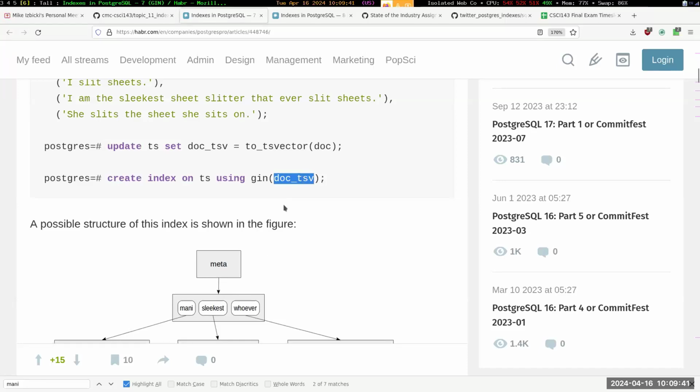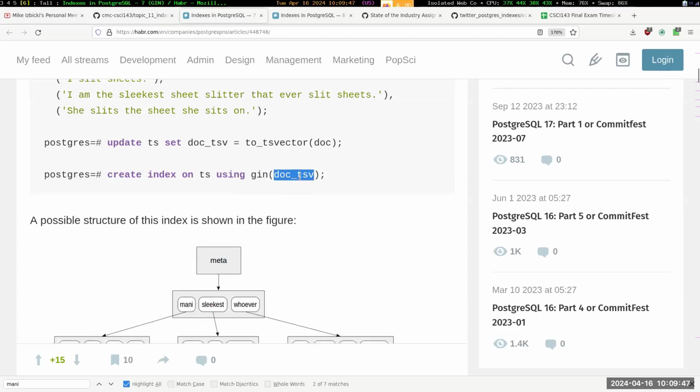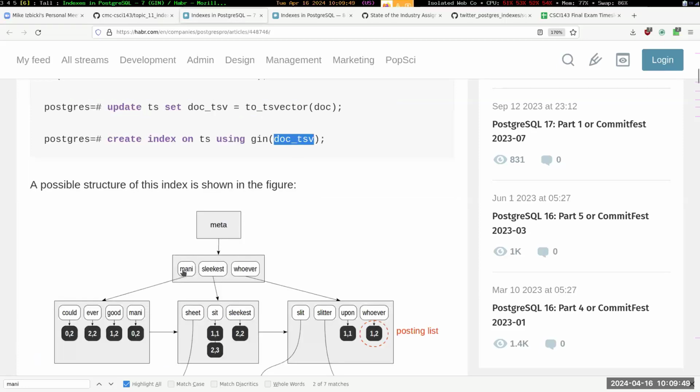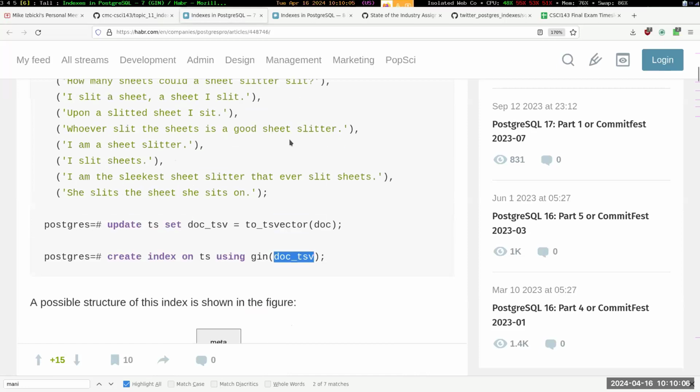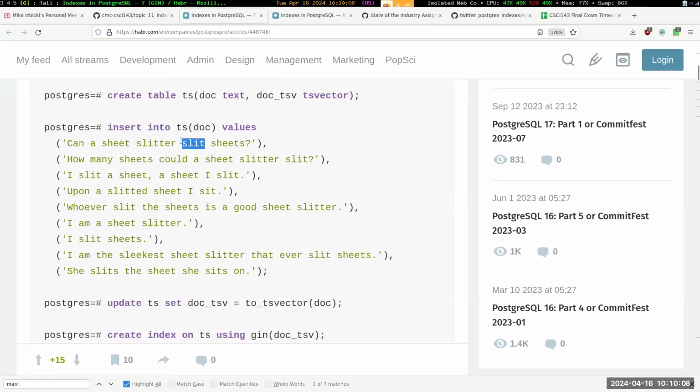When we were using a B tree, whatever column we provided that we were creating the B tree on, that value literally gets copied into these circle boxes. For the GIN index, though, the GIN index goes inside of this data type over here, whatever this data type is, and splits it up into parts. In this case, with the TS vector, the way that it gets split up into parts is that each word of the data set gets its own part.